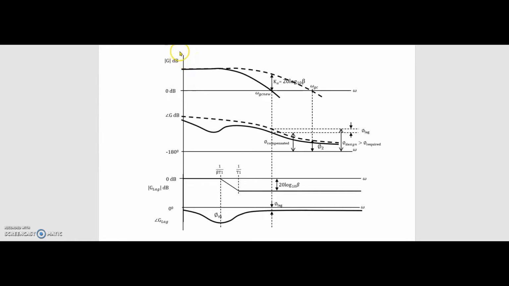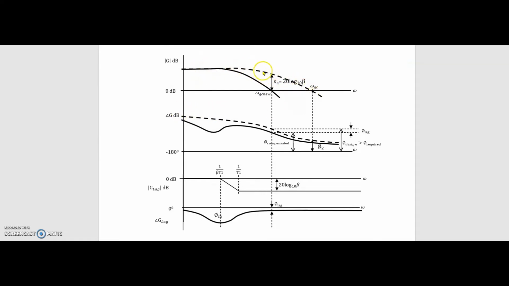It is nothing but the variation of gain of the system with frequency and variation of phase of the system with frequency. So this combined figure will be known as frequency response. Let us say that our system has a frequency response as shown by this dotted curve.